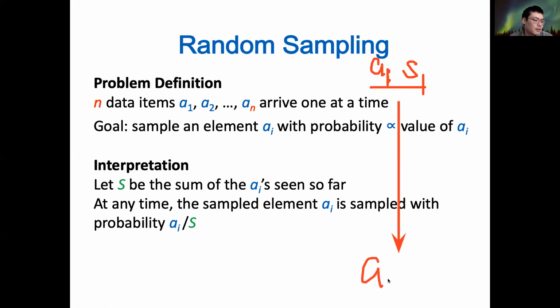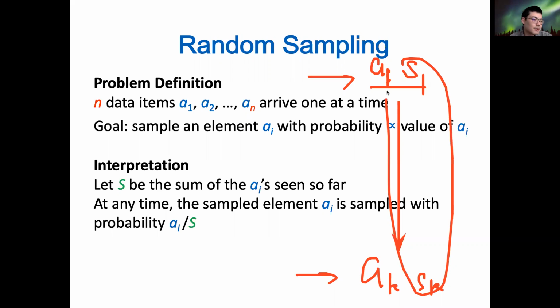Let's say we maintain K of them. Keep in mind that each one is independent. We flip the coin independently. The summation actually can be shared because it's the latest sum. But each time you flip a coin to decide whether you should take the next item, this coin flipping is random. So this is just one sketch with 2 integers. You can keep K of them, and then you get K random samples.